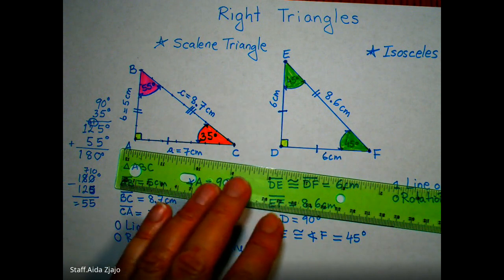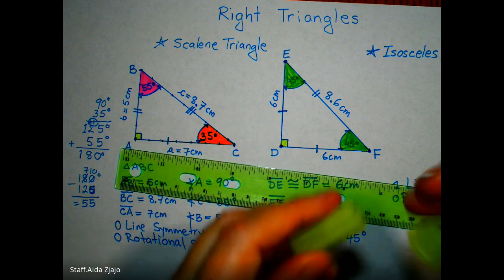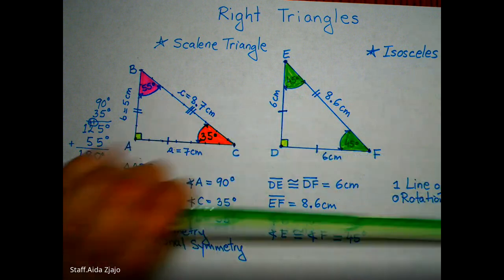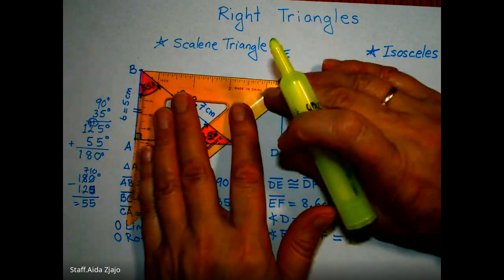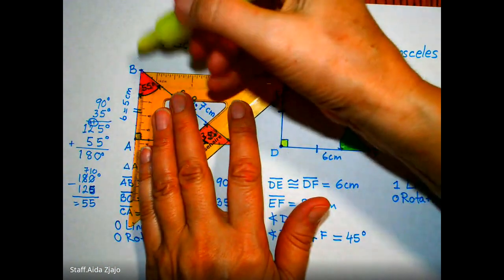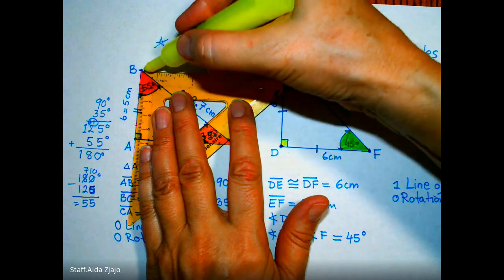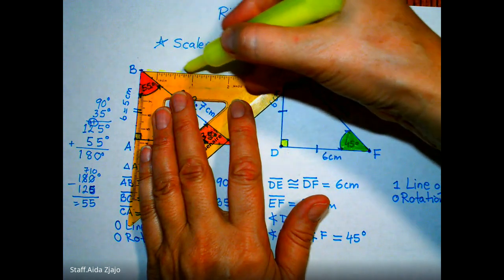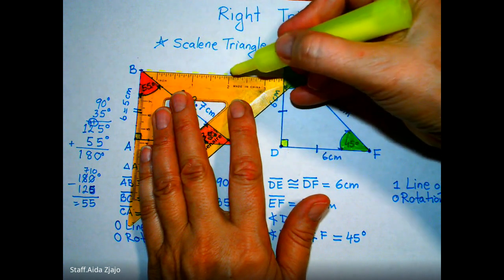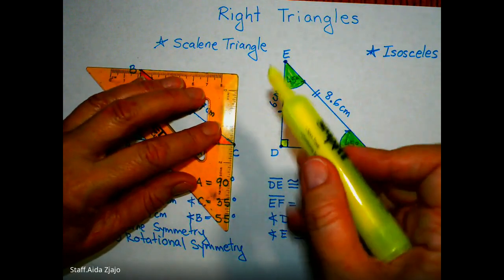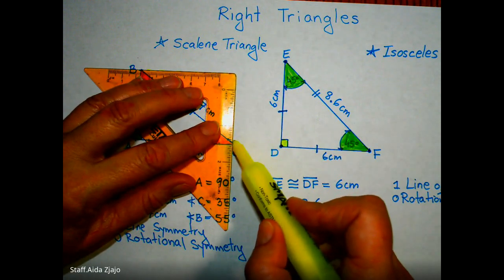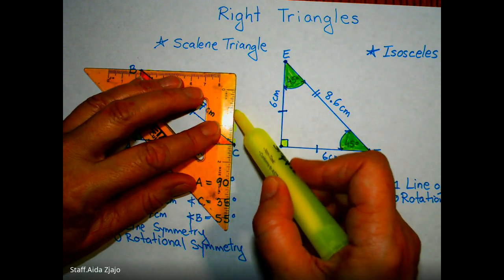Let's have my highlighter, and I create exactly the same triangle, a right triangle opposite to the one that I have, and I will be creating a rectangle that goes around that triangle.